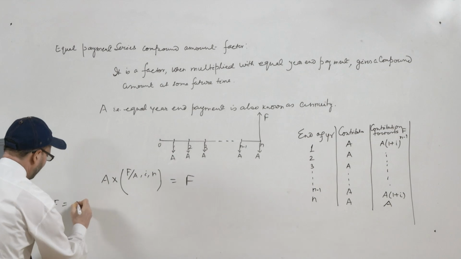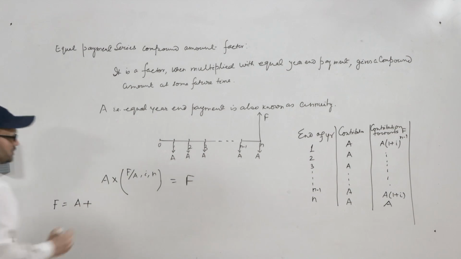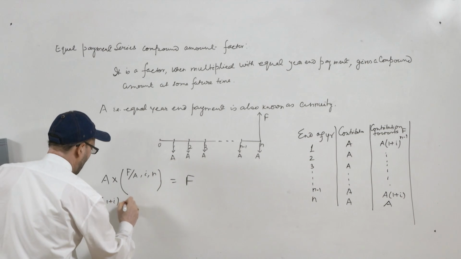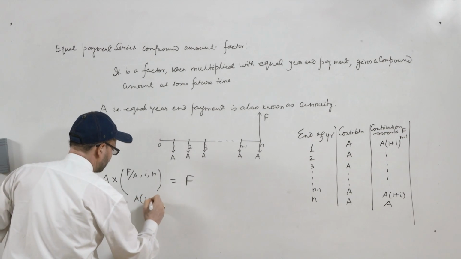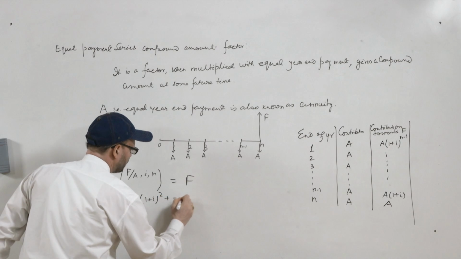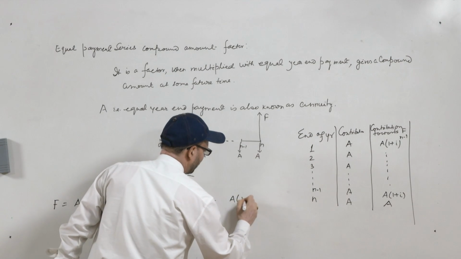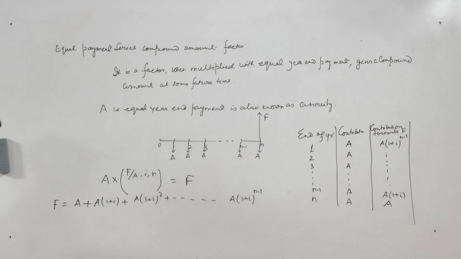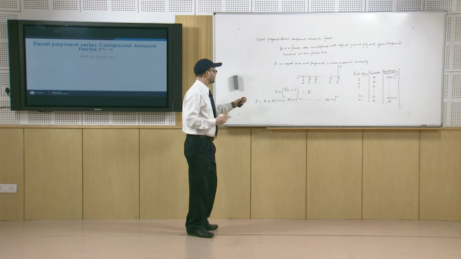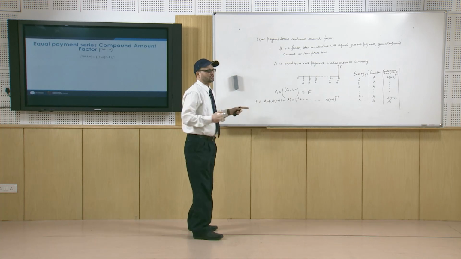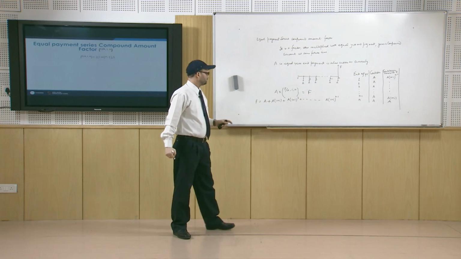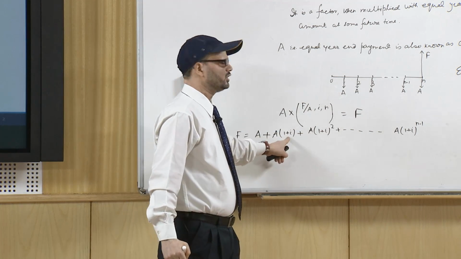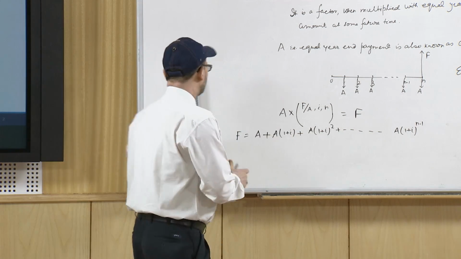So, it will be A plus A into 1 plus i plus A into 1 plus i raised to the power 2, it will go up to A into 1 plus i raised to the power n minus 1. This is basically a geometric progression series, GP series, whose first term is A and the common ratio is 1 plus i.